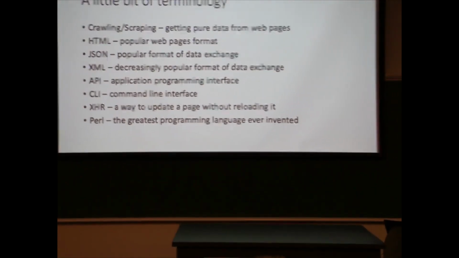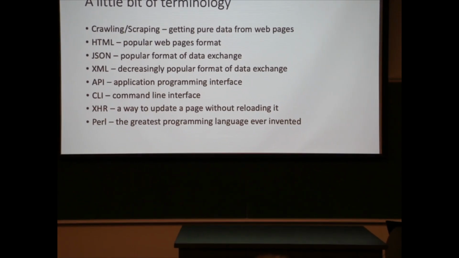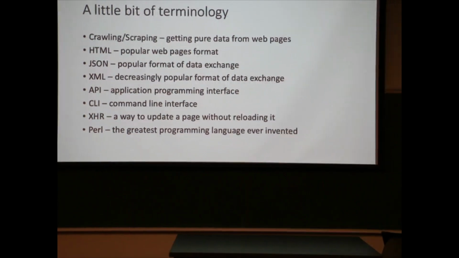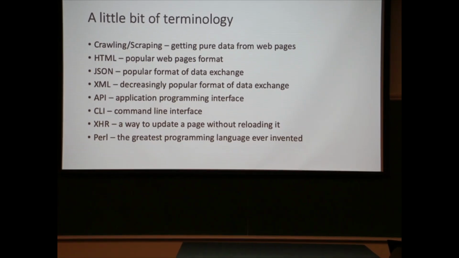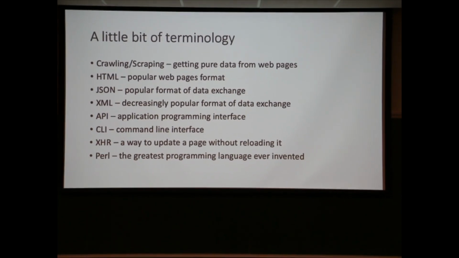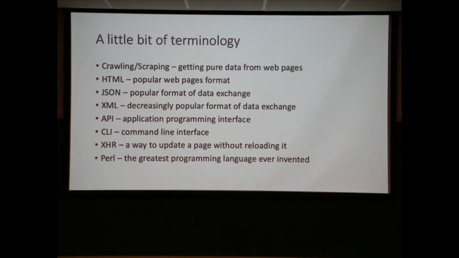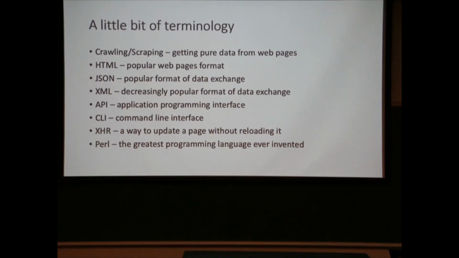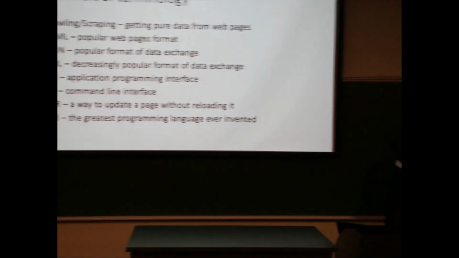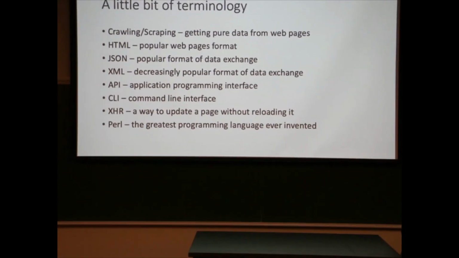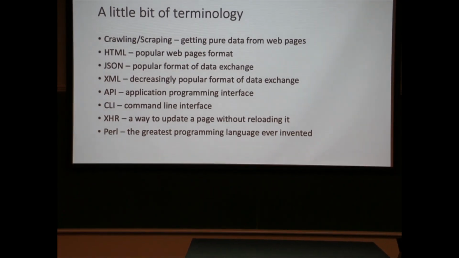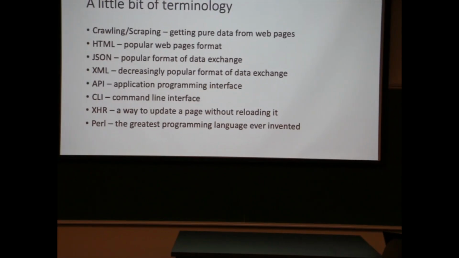So to make sure we're on the same page, I'll go over this small glossary. When we say crawling or scraping, we're talking about extracting pure data from web pages, setting aside the layout and design. HTML, hypertext markup language, is the language that is very popular to build web pages.